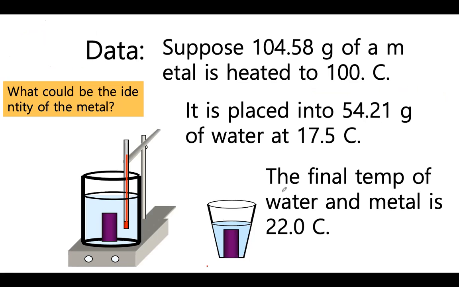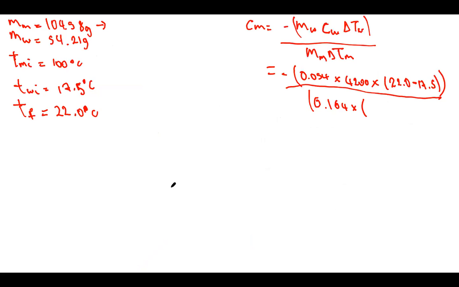So the final temperature is 22 degrees Celsius. That gives 22 minus 100.